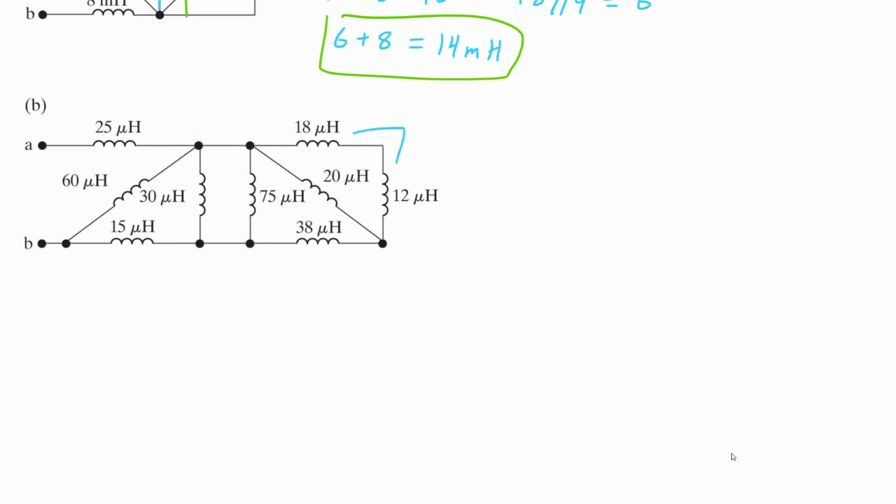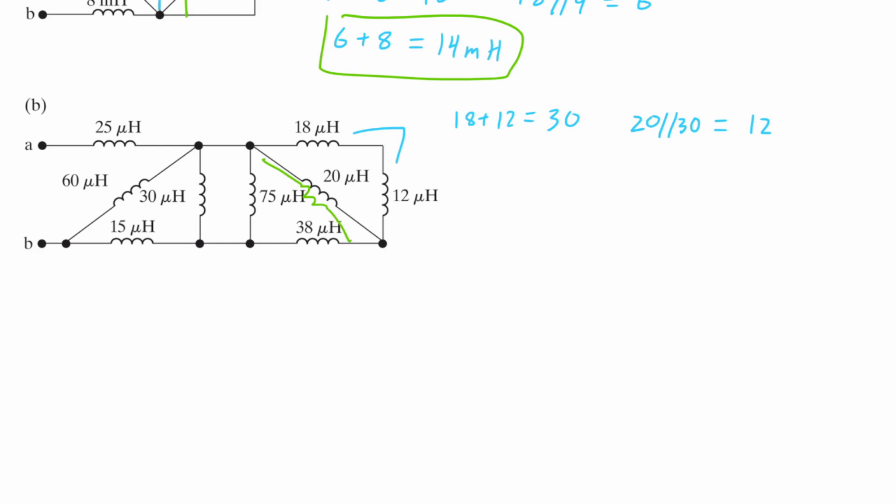Anyway, these two are in series, the 18 and the 12, so 18 plus 12 equals 30. Now, that new 30 is in parallel with that 20. So 20 in parallel with 30 is, let's see, 12. So we have a new 12 that is in series with the 38.